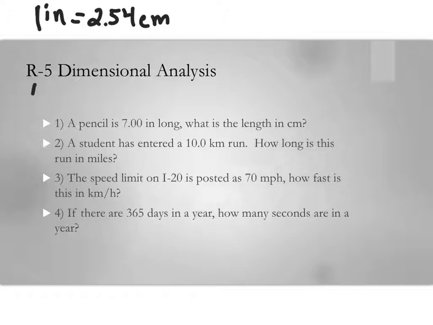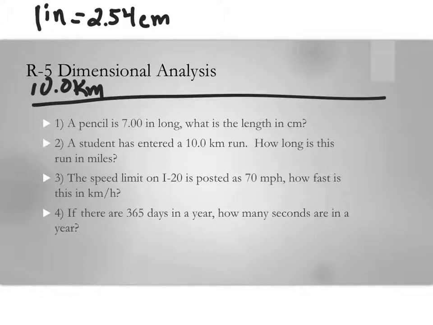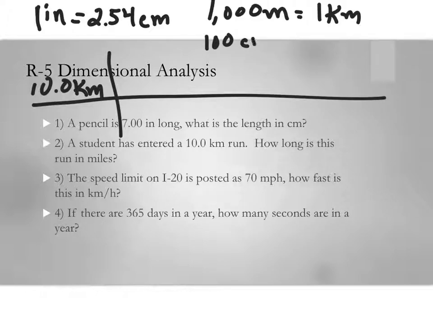So either way, I'm going to start with 10 kilometers, because that's the measured distance, and then I have to go from kilometers to centimeters. So there are 1,000 meters in 1 kilometer, and there are 100 centimeters in 1 meter.